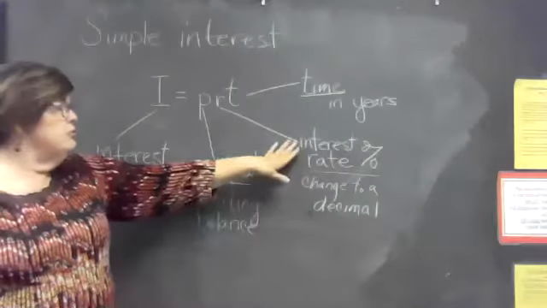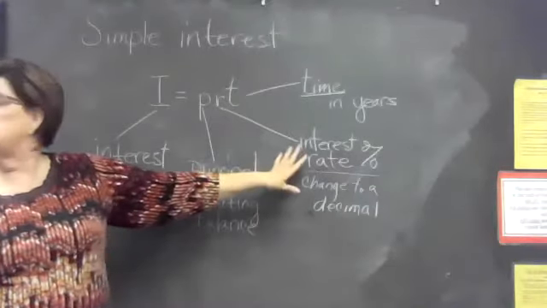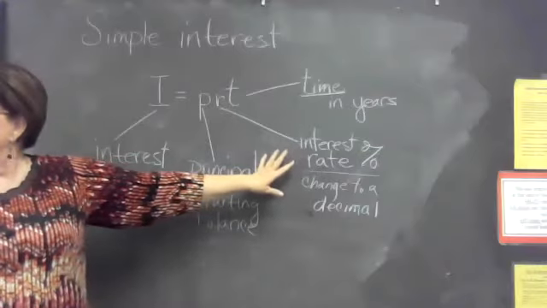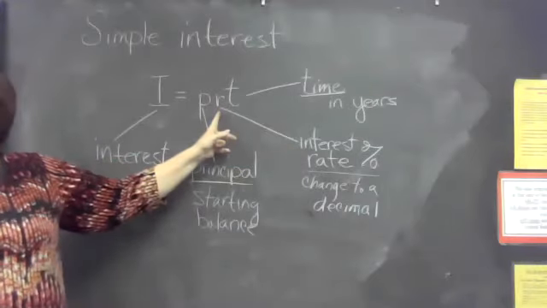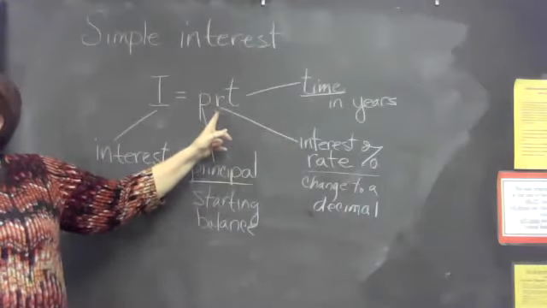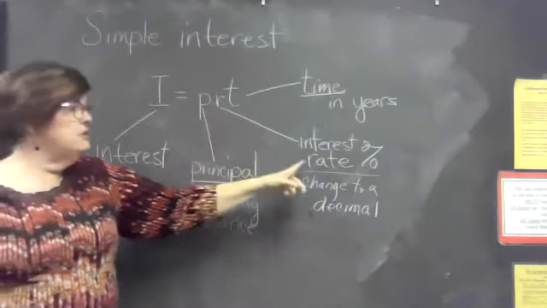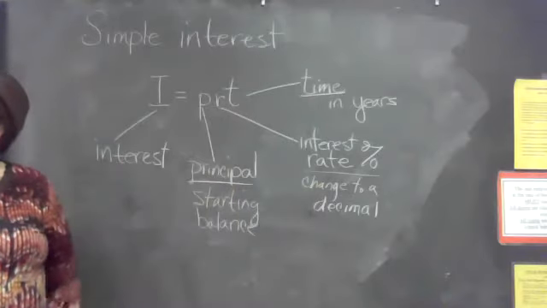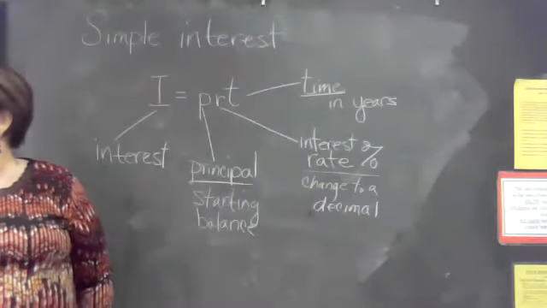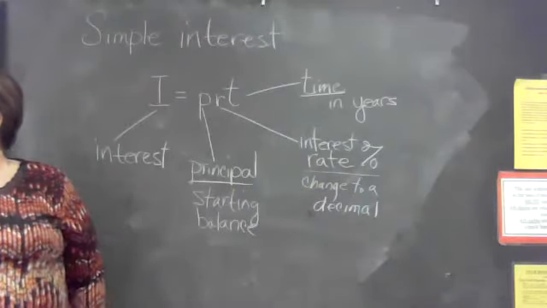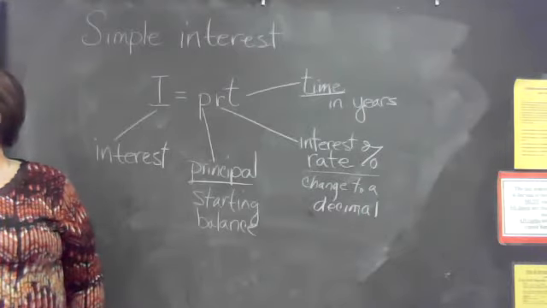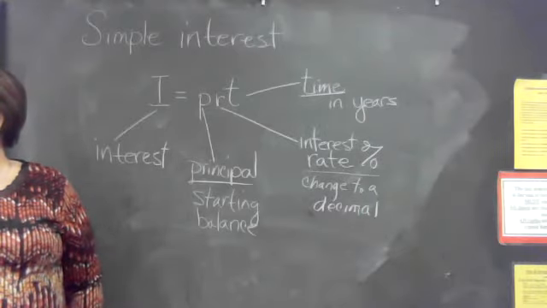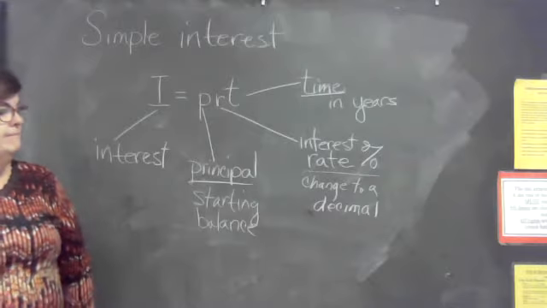But remember, to do the problem, if it's 6% interest, you don't use 6 here. You use 0.06, because to change 6% to a decimal, you move the decimal to the left 2 places. We'll practice that. I'll do 2 problems. Sound good? Okay.